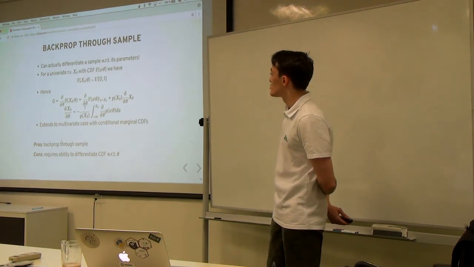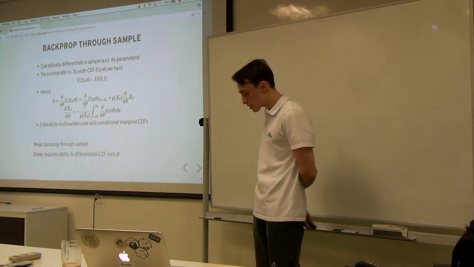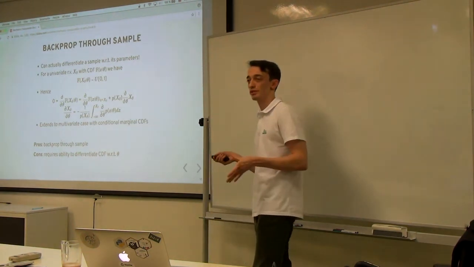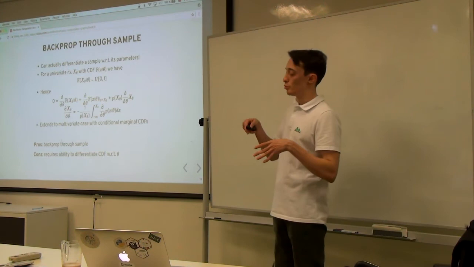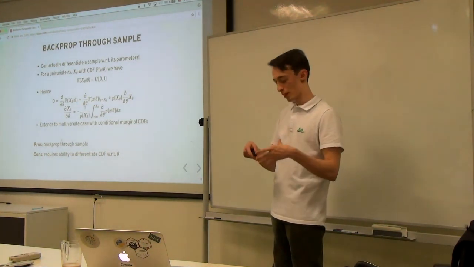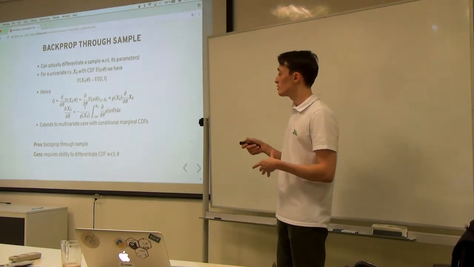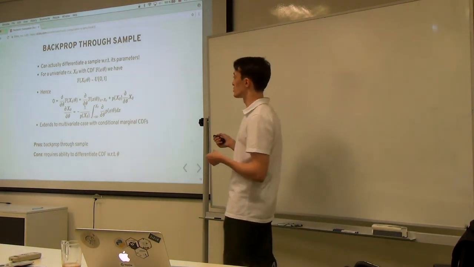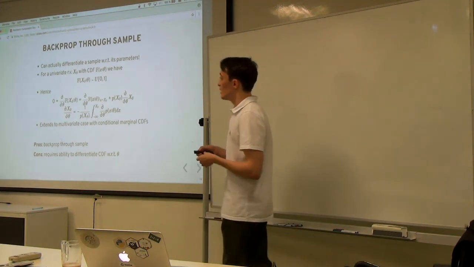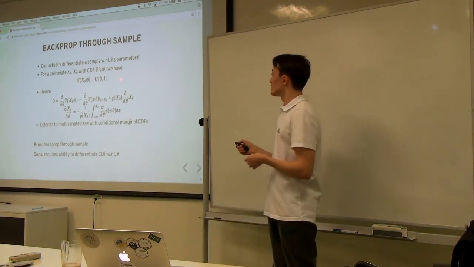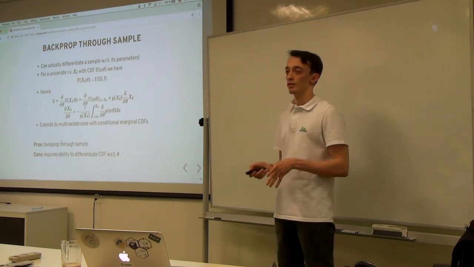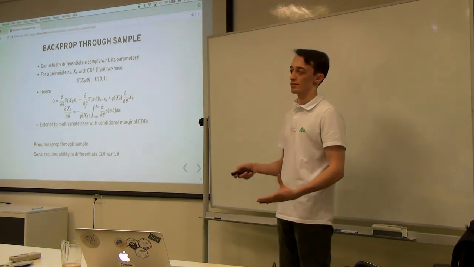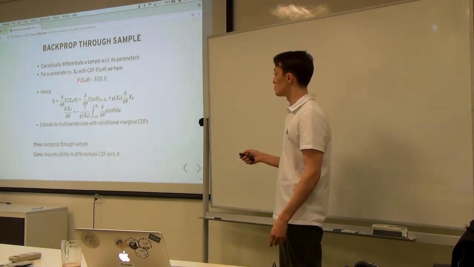The idea is based on the following observation: if you have some random variable x_theta that depends on some parameter theta, and you pass it through its cumulative distribution function, then what you'll get is a uniform random variable on the interval 0 to 1. And what's interesting is that the result does not depend on theta in any way. So the CDF kind of whitens all the dependency out of your sample.